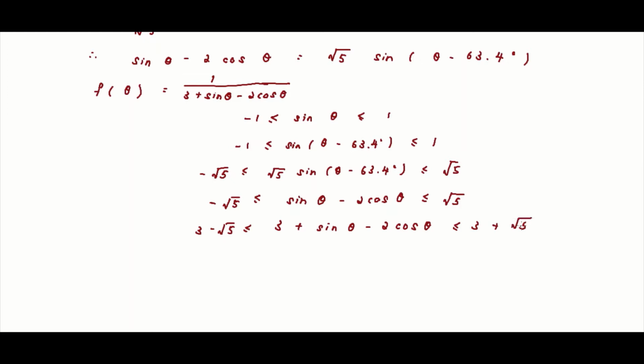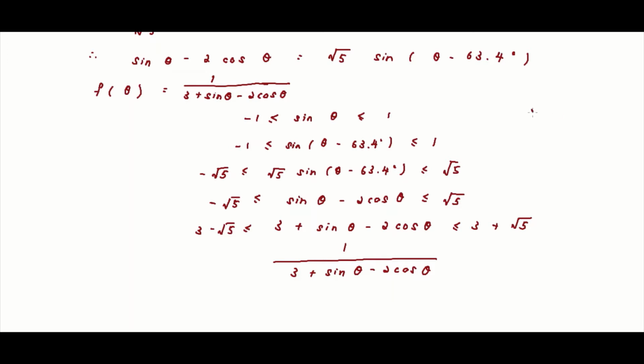And don't forget you have your last step, which is 1 over 3 plus sine theta minus 2 cos theta. This is the thing you must be very mindful of, because you are doing a reciprocal. You need to check whether this value or that value is smaller.